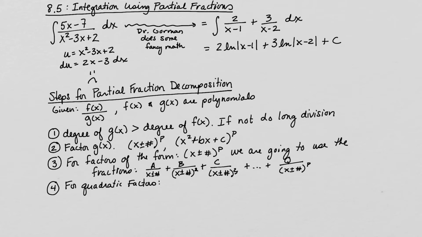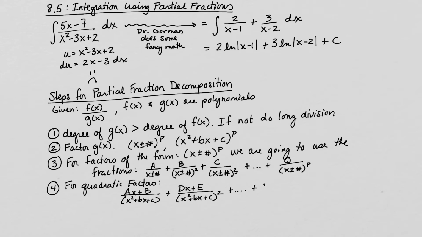So then the quadratic factors are kind of similar, except on the top, we're going to make ax plus b over x squared plus bx plus c, plus dx plus e over x squared plus bx plus c to the second power. And again, we're going to do that same similar thing until we get up to whatever it is.